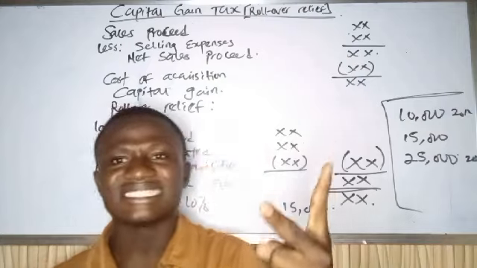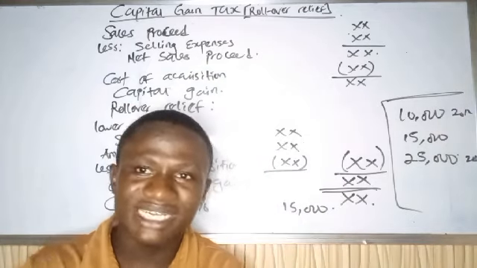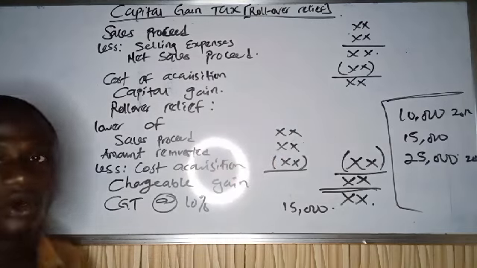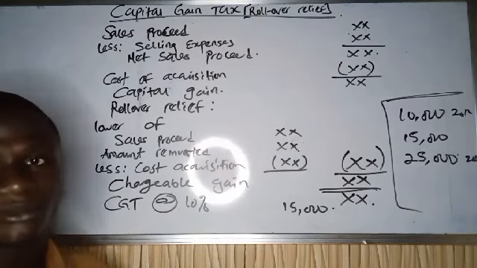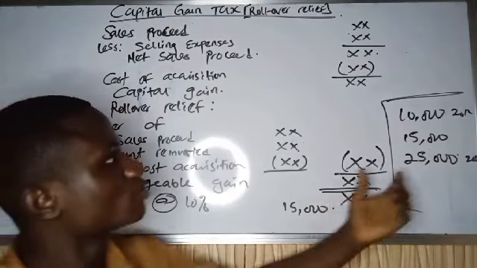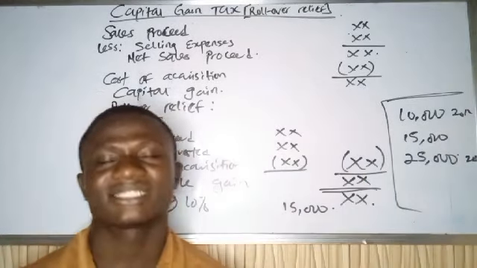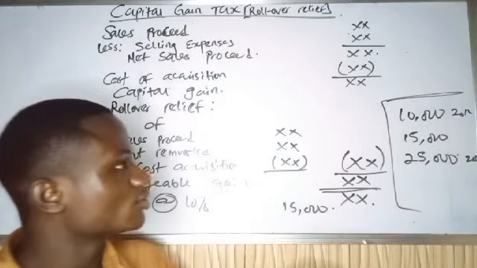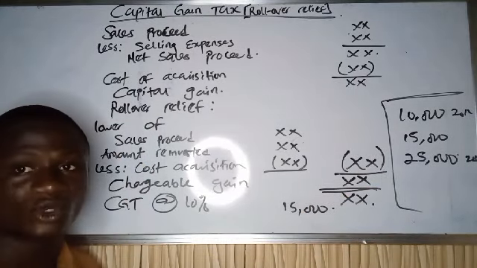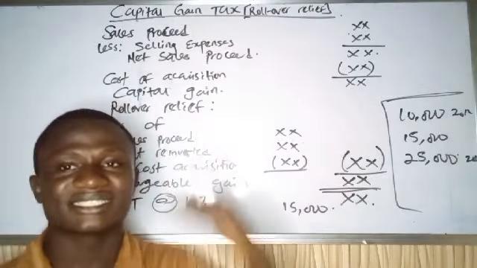So those two things that tell me about the current market value of this asset can only be the sales proceed or the amount reinvested. I'll just take whichever one is lower, because what I want to calculate is by how much the asset has increased over the years. So I'll take the lower and subtract the cost of acquisition from it.